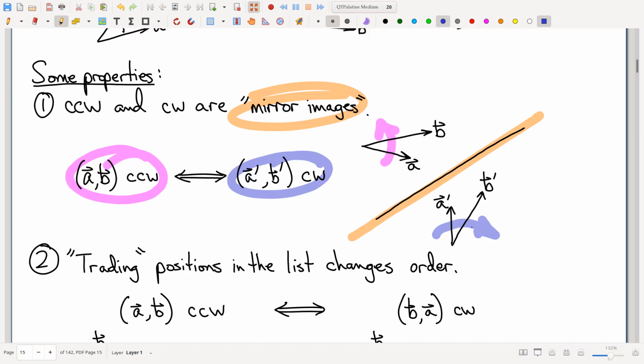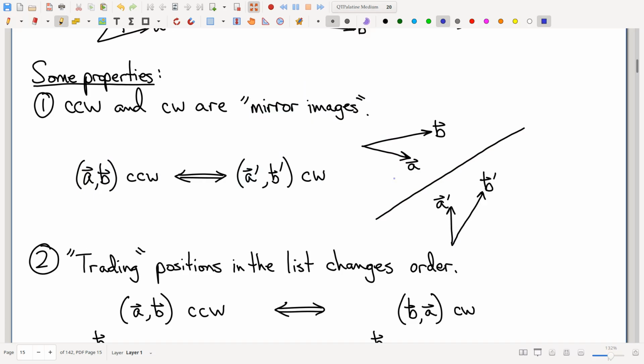Just look at the picture. No big deal. So we like to say that these are reflections of each other. These are mirror images of each other. So that's one little geometric property.